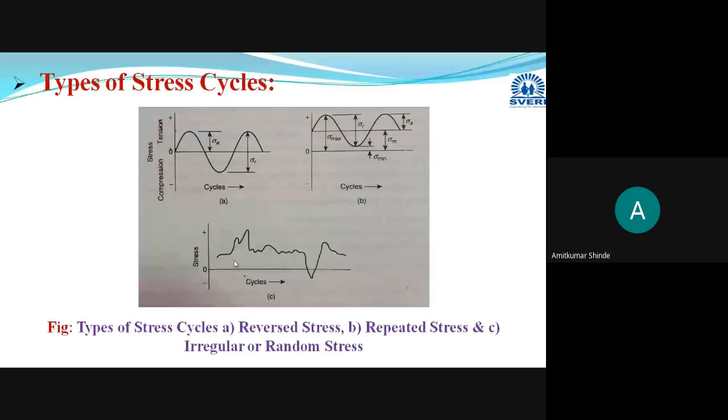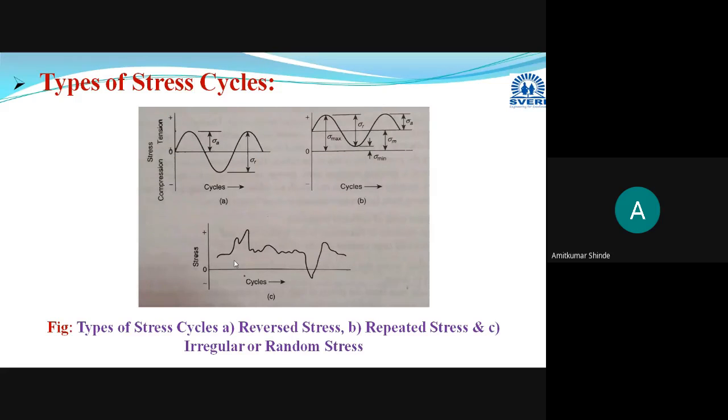And here you can understand that the fluctuation in the applied stress is varying all the way, throughout that cycle, or throughout the life of that component, or throughout the particular time period. The component is continuously subjected to fluctuating stress, and it may be tensile or compressive in nature. Now a component may fail due to these fluctuating stresses before its ultimate tensile stress value.